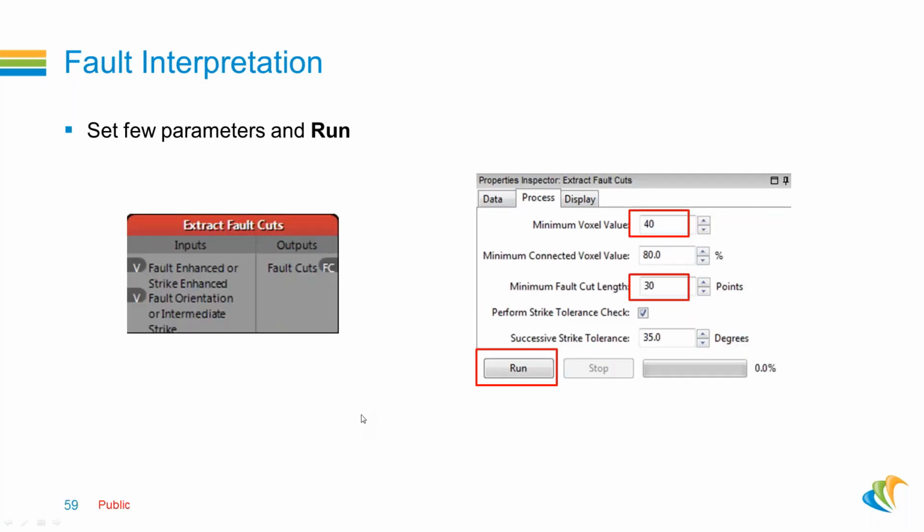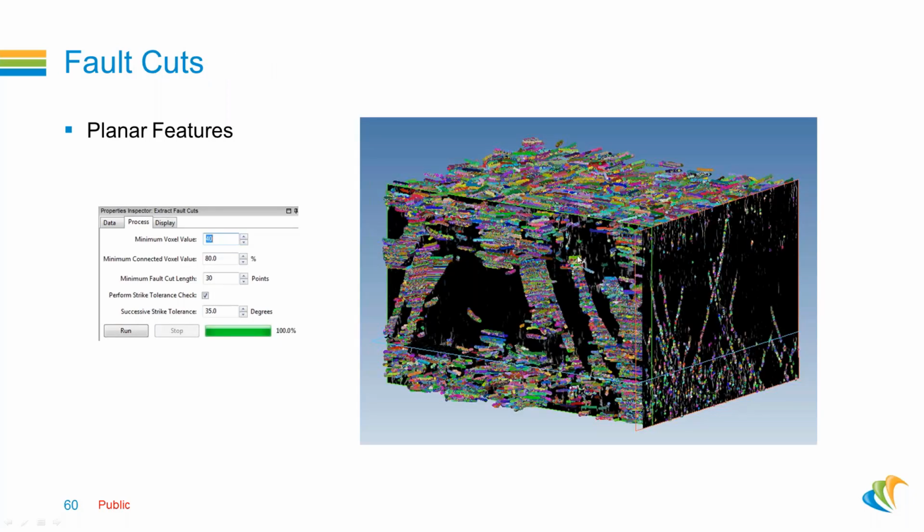The process for the fault cuts is very simple and easy: few parameters, and then run. And this is an output that we have in this process. We can control that with the voxel value. We have to see with the histogram which numbers we need to keep, the minimum value that we want to keep.